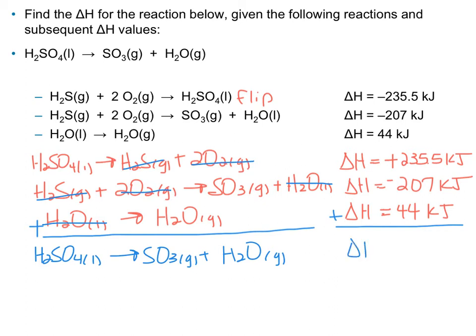So then I wind up with the enthalpy change for this equation to be 72.5 kilojoules. And if you recall our rules for adding and subtracting with significant figures, it goes by the least number of places past the decimal. So I'm going to round that up to 73 kilojoules. And that's how you use Hess's law.